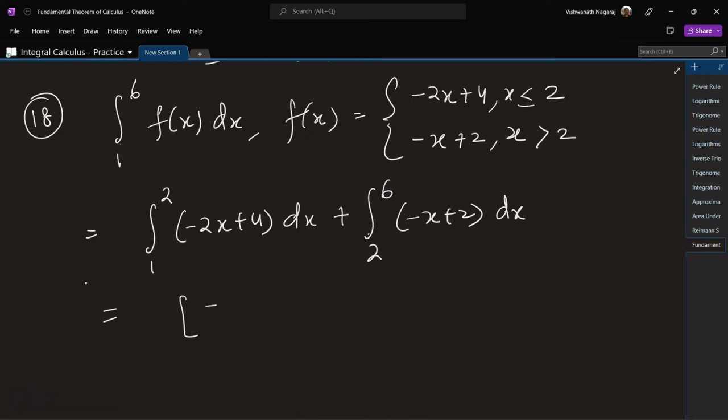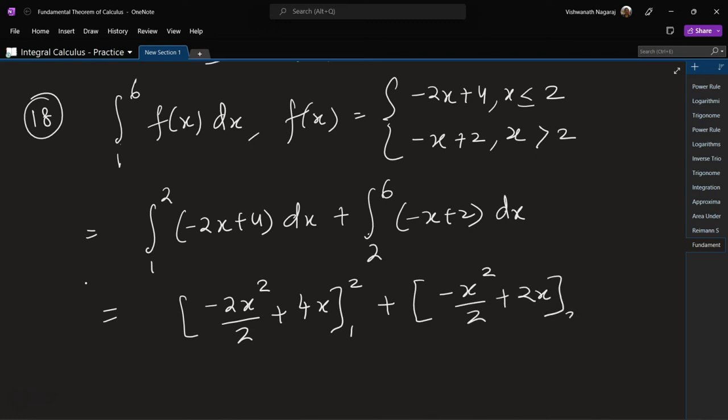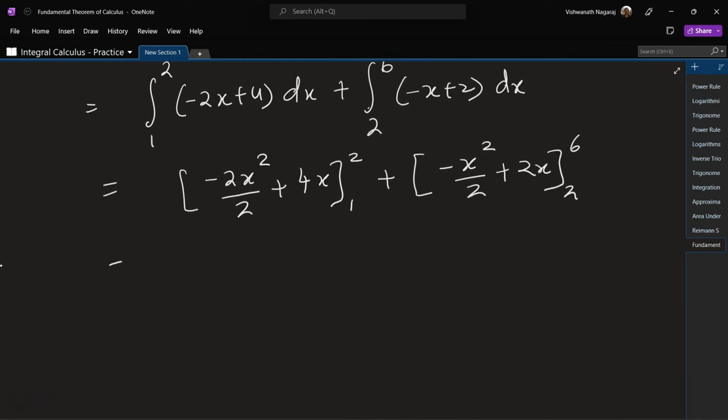This would be minus 2x square by 2 plus 4x from 1 to 2, plus minus x square by 2 plus 2x from 2 to 6. Okay.